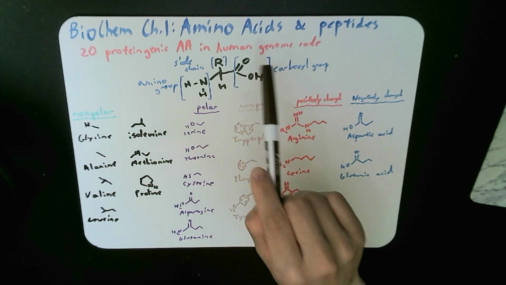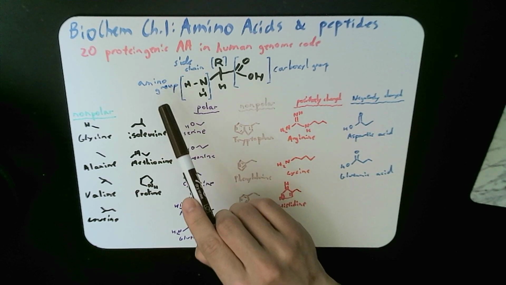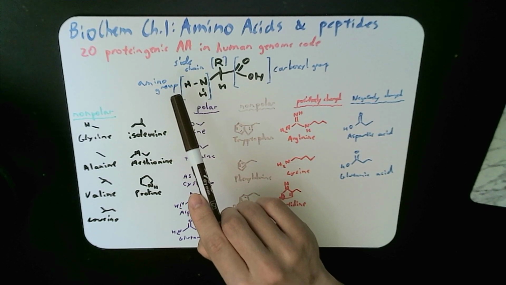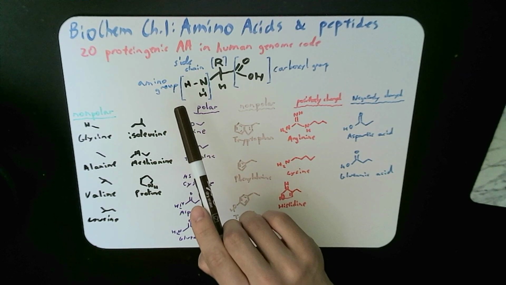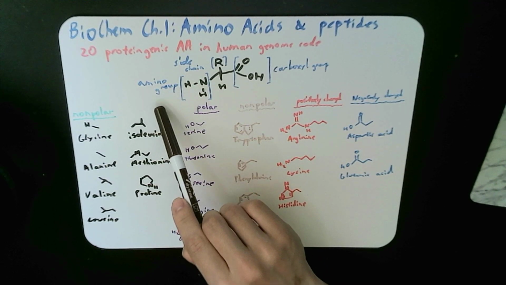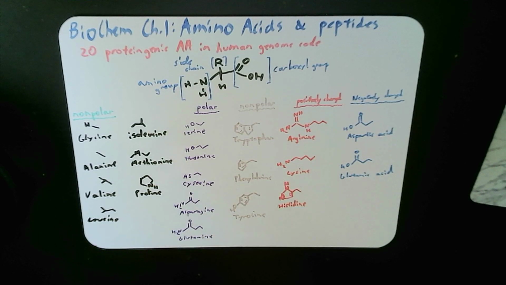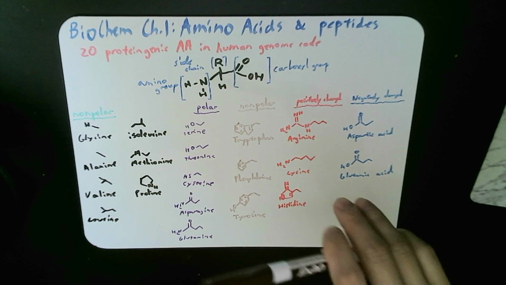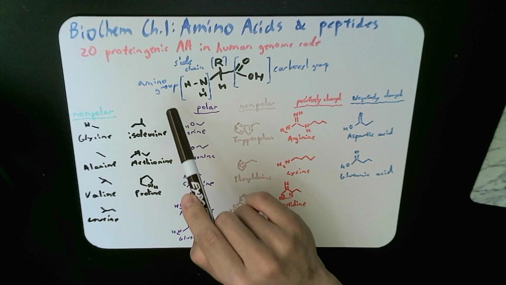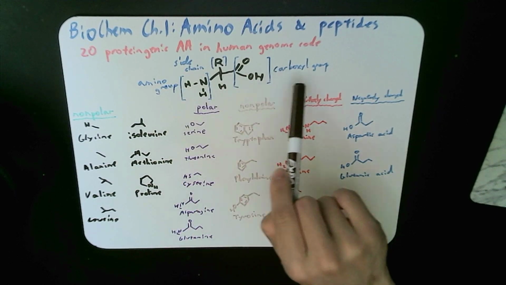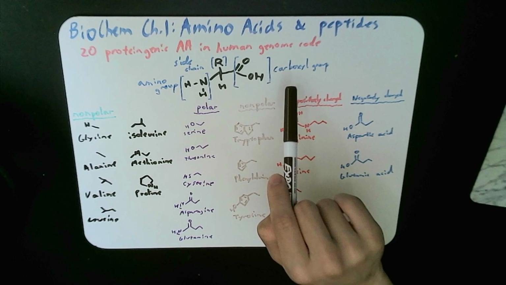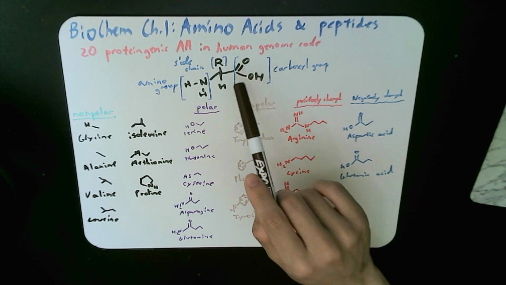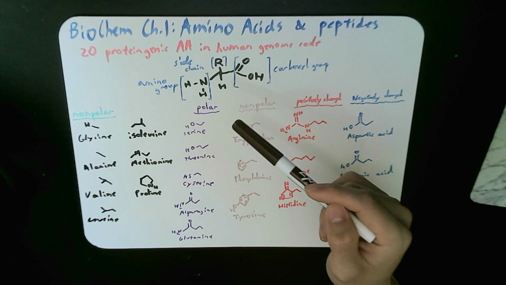For a general amino acid structure, you have your amino group right over here, and that is your N bonded to the 2 H, and we refer to this as the N terminus because when we have a polypeptide chain, we start with this side and then we end with the other side, the carboxyl group. Carboxyl group, if you know from chemistry, is like a carboxylic acid, hence the name.